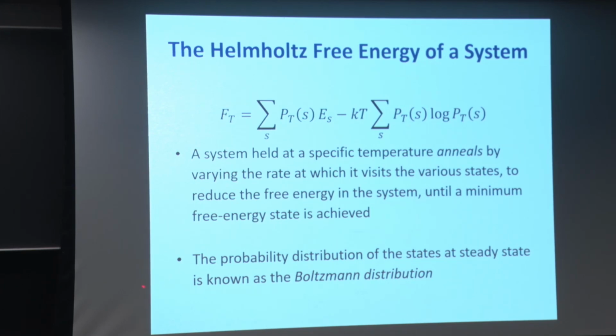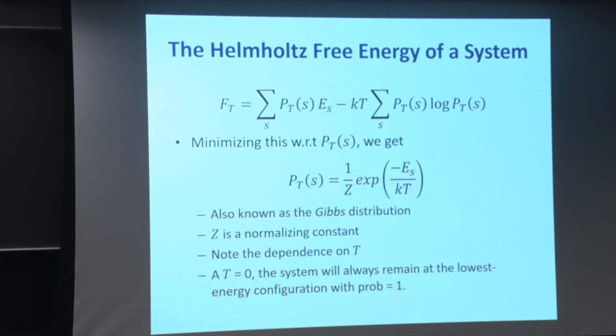This distribution is known as the Boltzmann distribution after the guy who discovered it. In fact, if you minimize this with respect to Pt of S, it's a two-step derivation, which will just give you that the probability for any state S is given by e raised to minus E of S divided by kT. So if you ever wondered where the Boltzmann distribution came from, it's not a very complex arithmetic equation.